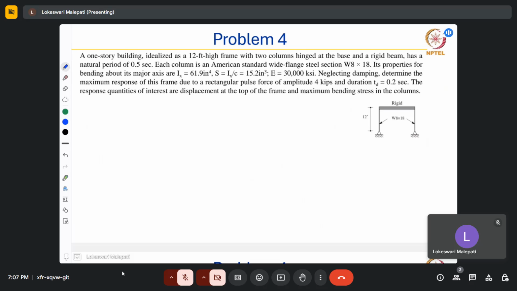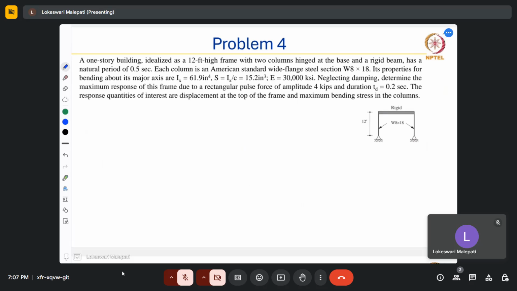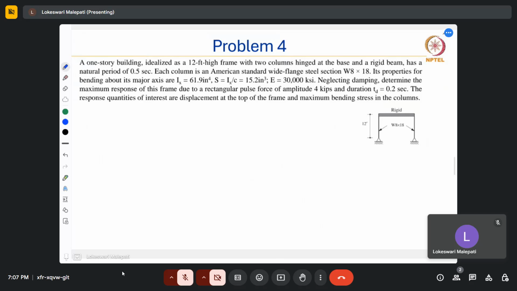Each column is an American standard wide flanged steel section, W8 by 18. Its property for bending about its major axis, Ix, is equal to 61.9 inch power 4, and the section modulus is given as 15.2 inch cube, and the Young's modulus is 30,000 kilopound per square inch.